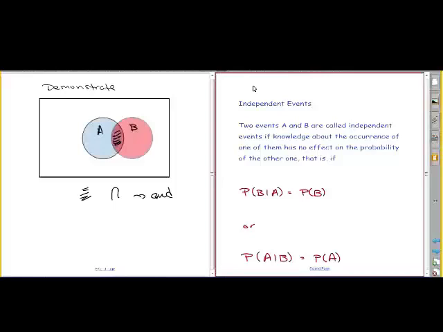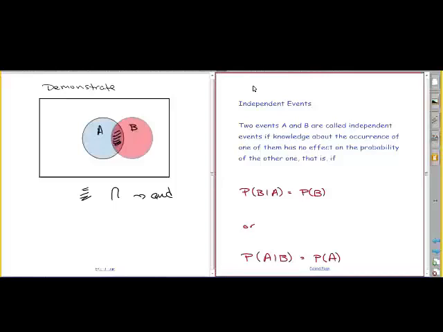And that's what we've actually been dealing with in a lot of our cases, like flipping a coin. If we flip a coin, the probability of getting heads or tails is 0.5. If we flip the coin again, the probability of event B, flipping the coin the second time, is the same whether we got heads or tails on the first flip. So that's an example of independent events.